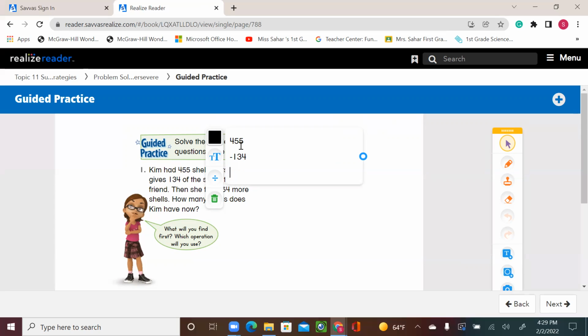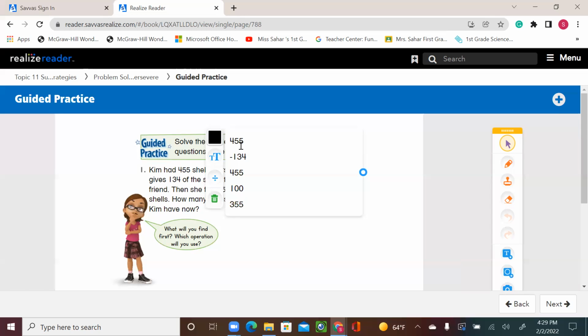Okay, so let's take away the 100. So 455, I'm breaking it apart because I want to make sure that my friends easily get the right number. So 455 minus 100, I'm going to have 355.